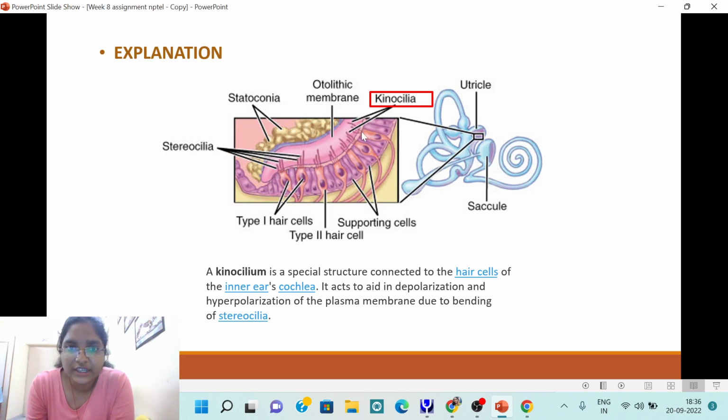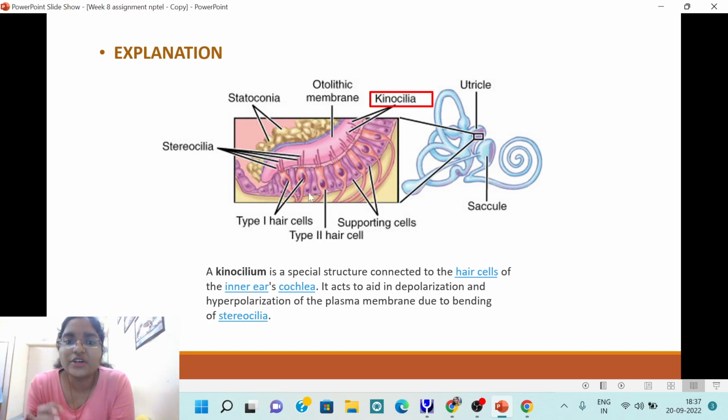Of the hairs, the longest hair is the kinocilium. If you see one hair, the singular form is kinocilium, a special structure connected to the hair cells. You can see the hair cells of the ear, not of the head. These are the hair cells of the inner ear, the cochlea, right?